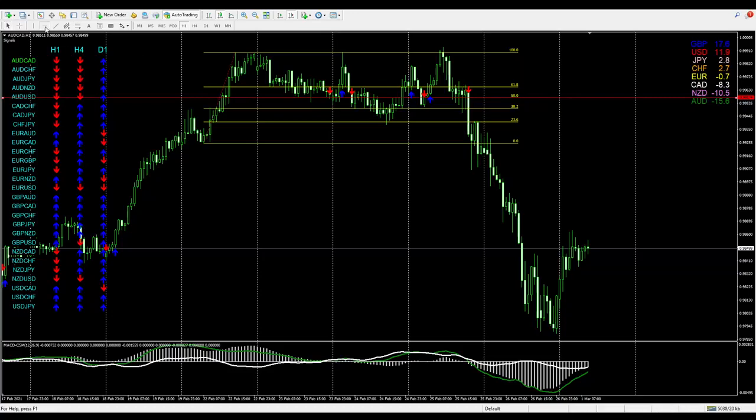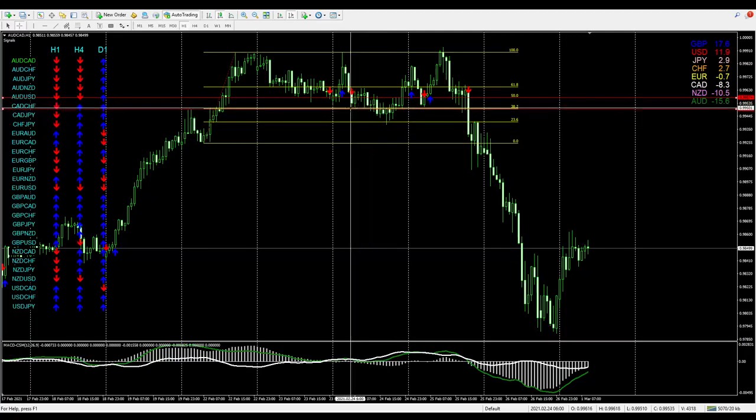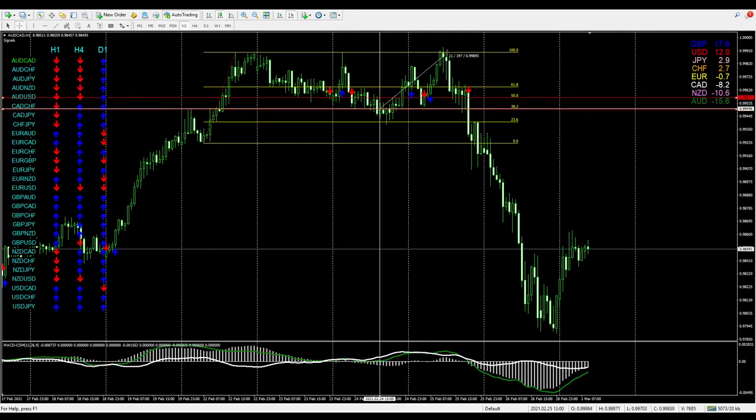Or if you prefer, either 38.2 Fibonacci. So if we take the trade at 50 Fibonacci, our TP would be last Thursday, which would be around 32.4 pips. If you enter at 38.2 Fibonacci, it would be around 41.3 pips.